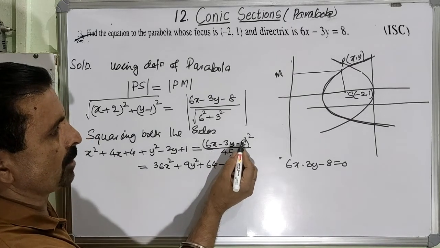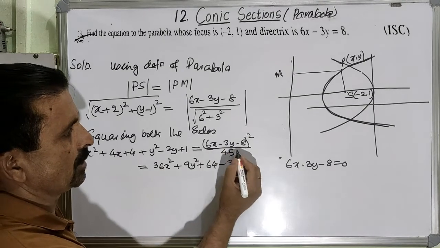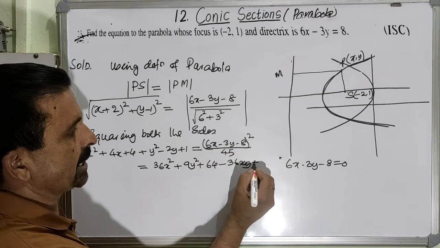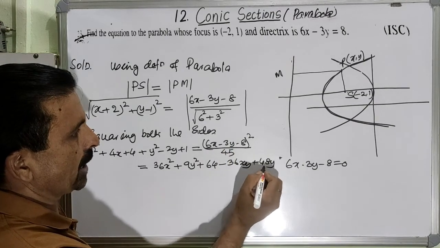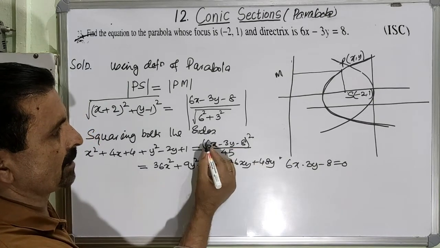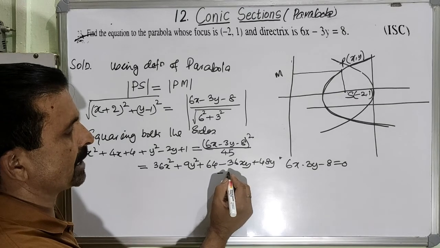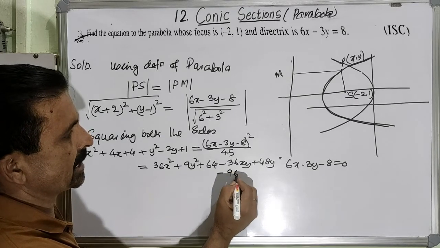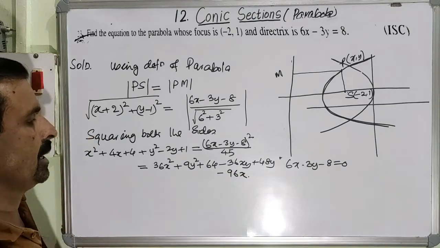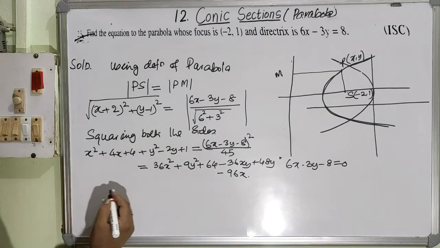And then this into this: these both are negative, so it will become positive. So it is 24 twos are 48, plus 48y. Then the first and the last term, the product will become negative, minus 48 twos are 96x. Is it okay? Now bring all the terms to one side and simplify.